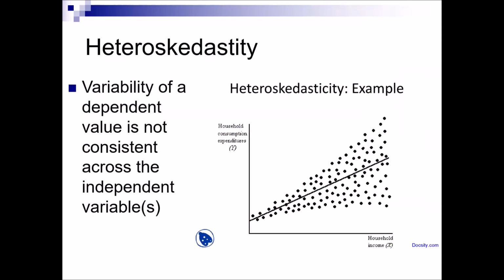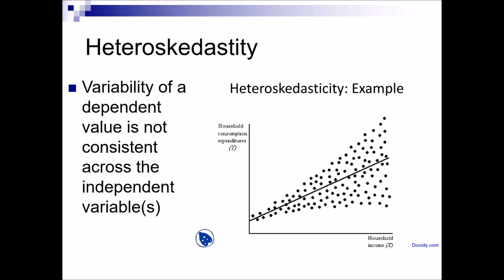Another thing we have is what we call heteroscedasticity. It looks like a cone, where as x increases, the residuals in y increase. For example, as income increases, household consumption expenditures have more variability.